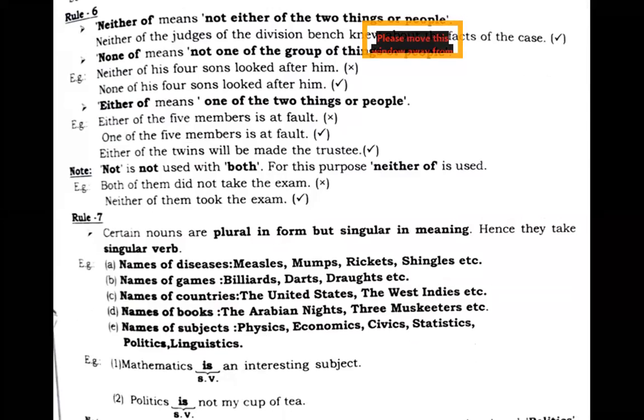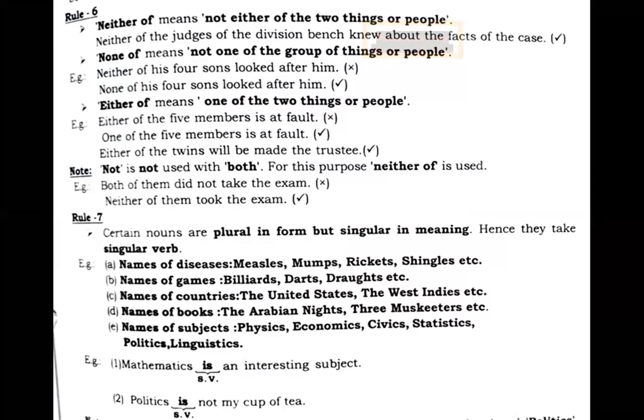Now let's go to the next rule, number 6, students. Neither of means not either of the two things or people, not even one out of two. If we talk about not even one out of two, neither of is used. Neither of the judges of the division bench knew about the facts of the case.